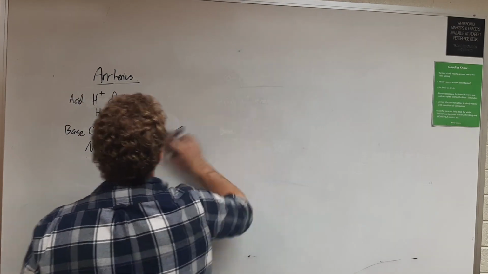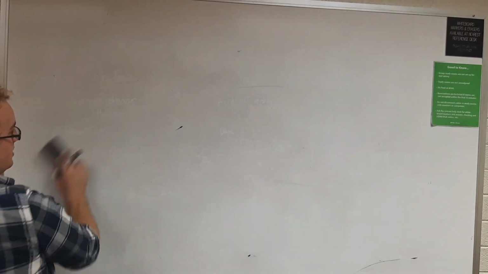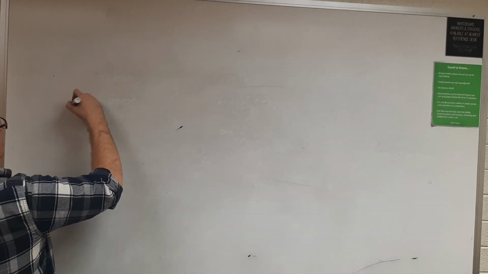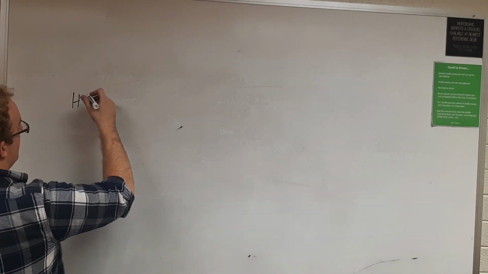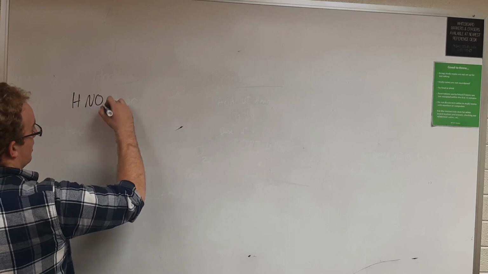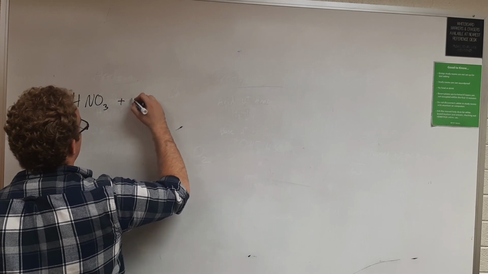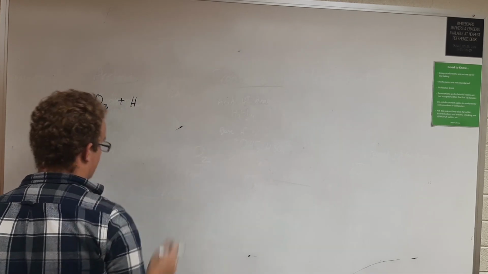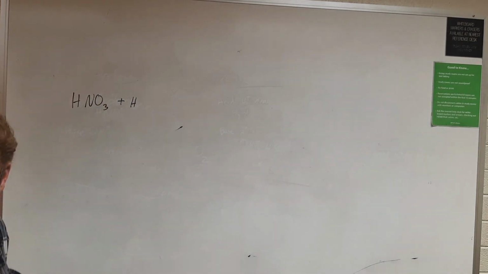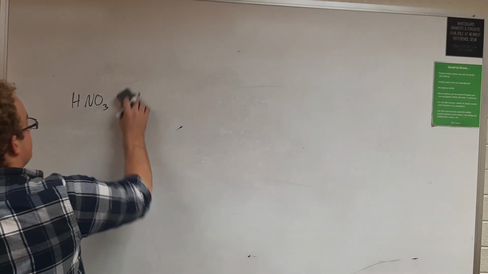So now that we've talked about Bronsted-Lowry bases and Arrhenius bases, let's look at conjugate acids and bases, right? So let's say we have nitric acid here, and it's just going to react with water. Let's react it with OH, so this will neutralize.